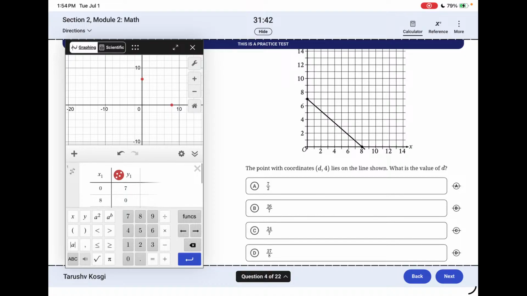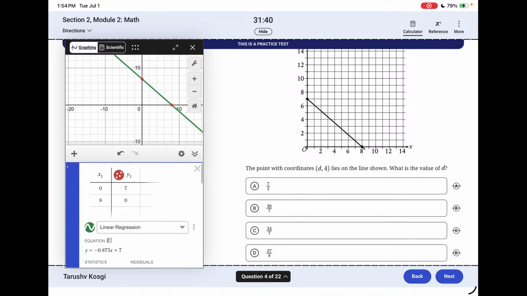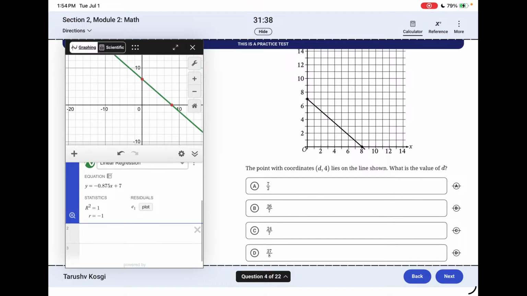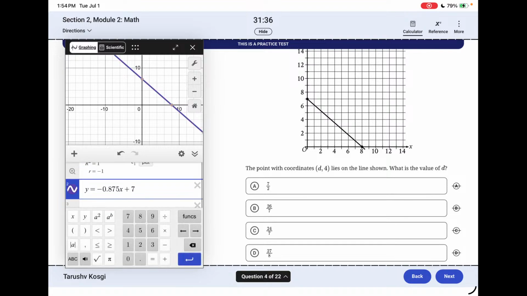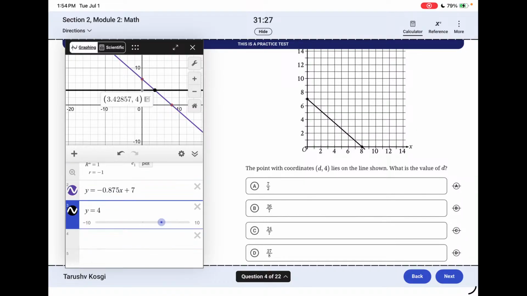So I seem to not be able to recall how this all works. So if we, okay, let's take this equation in here. So y equals 4, just where those two intersect.